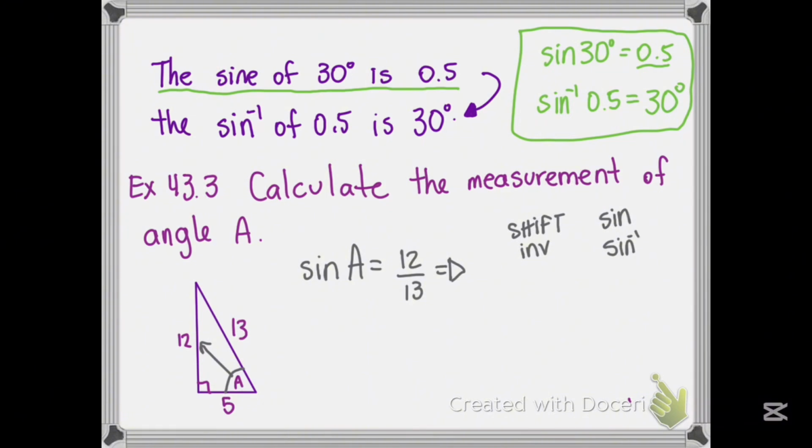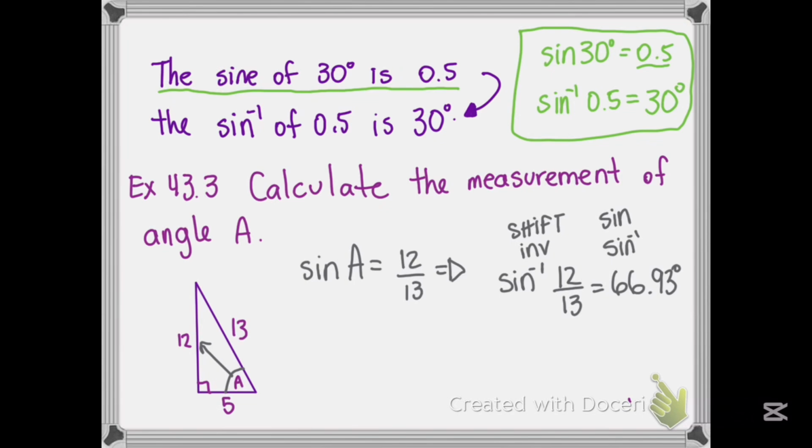That's what you want. So what we're looking for is the inverse sine of 12 over 13. If you put that in the calculator, you get 66.93 if we round it. Now make sure you have your calculator in degrees, because if not, it will give you the answer in radians.